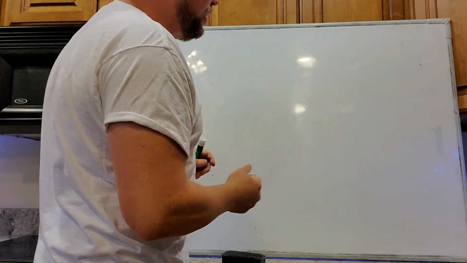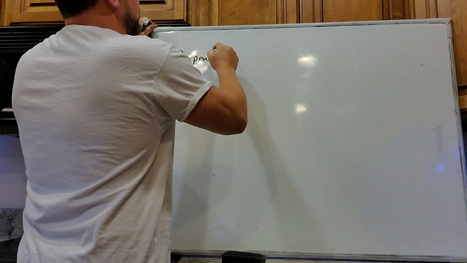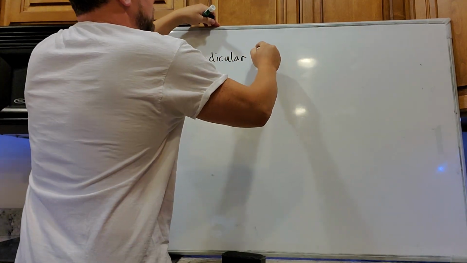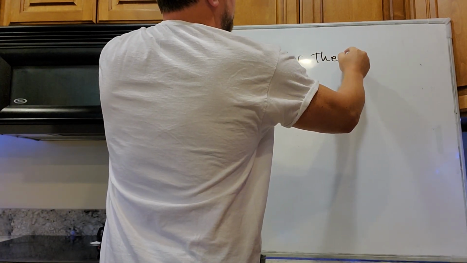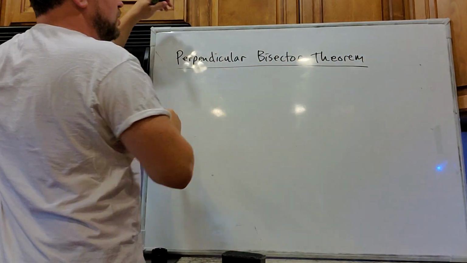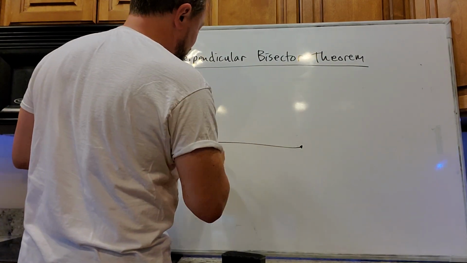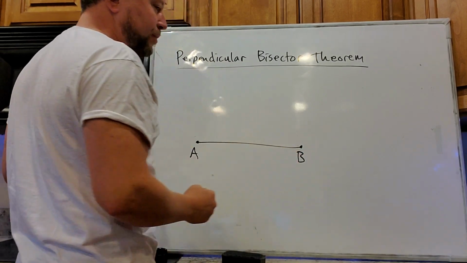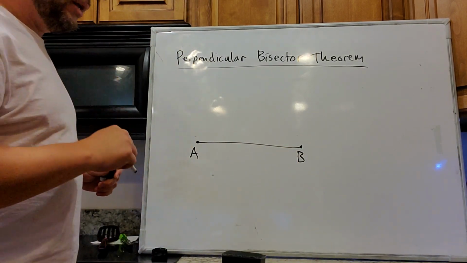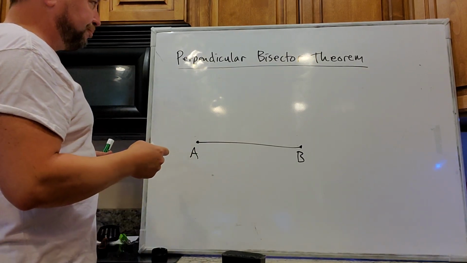And in the perpendicular bisector theorem, it basically says this. If we've got a segment, maybe we call this AB, and if we construct a perpendicular bisector of it.